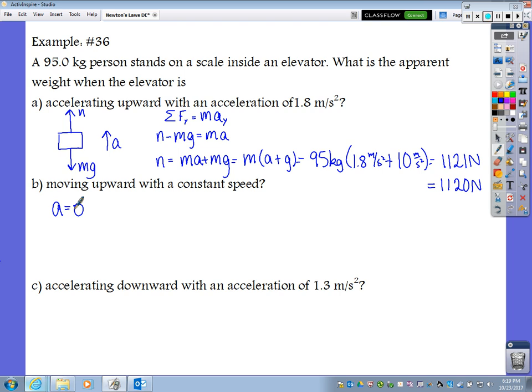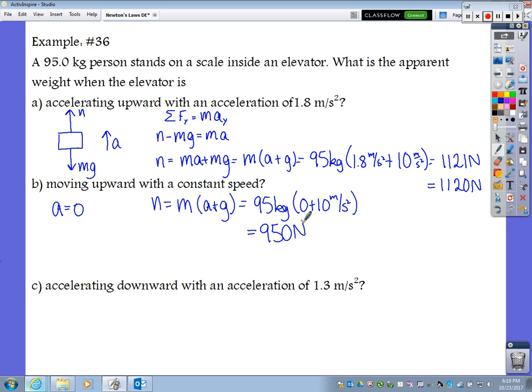So I can use this same equation, N equals m times a plus g, except now the acceleration is 0, so it's just 95 kilograms times 0 plus 10 meters per second squared, and that's going to be 950 newtons. Just the same as it would be if the elevator wasn't moving at all.